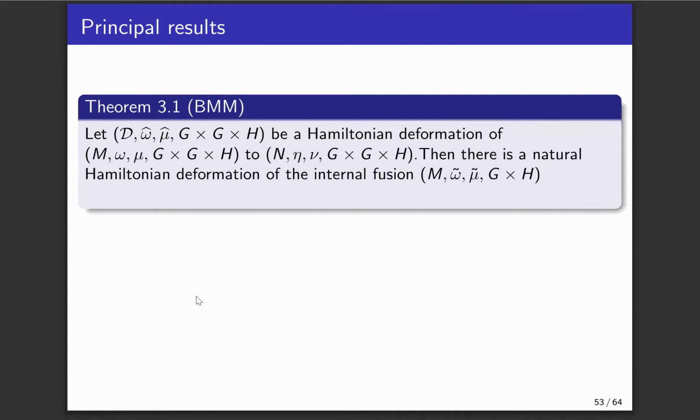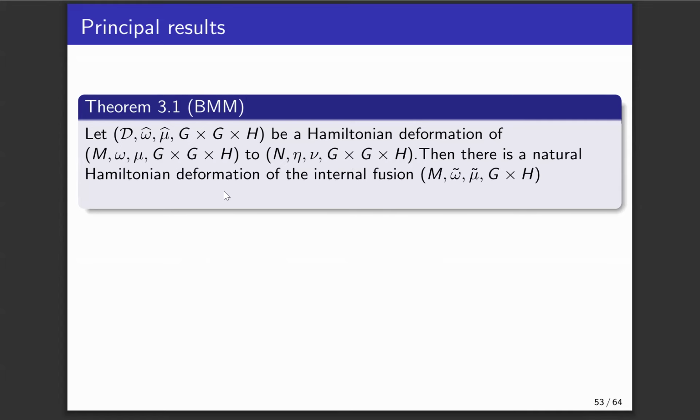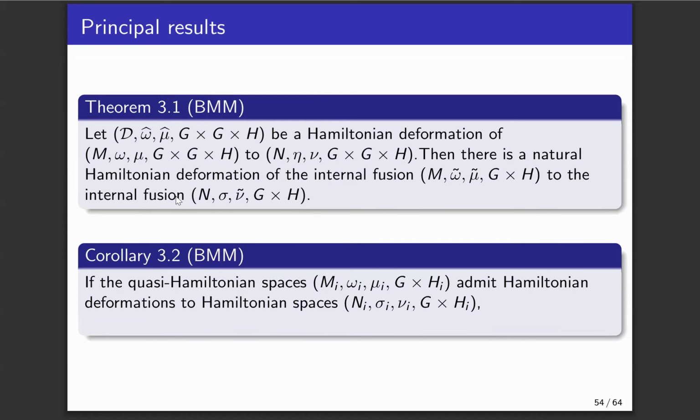Imagine that we have a Hamiltonian deformation from a G times G times H quasi-Hamiltonian space M to some G times G times H Hamiltonian manifold N. Then we can define a natural deformation from the internal fusion of M, which is a G times H quasi-Hamiltonian manifold, to the internal fusion of N, which is a G times H Hamiltonian space.